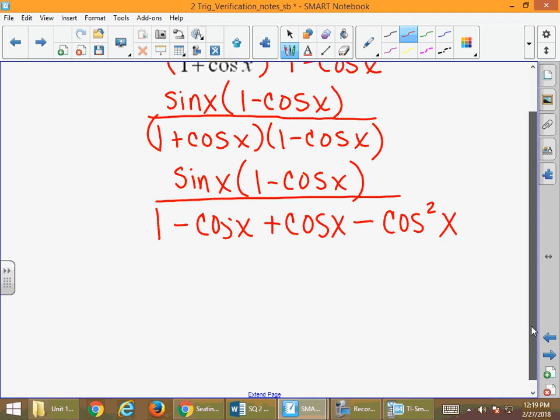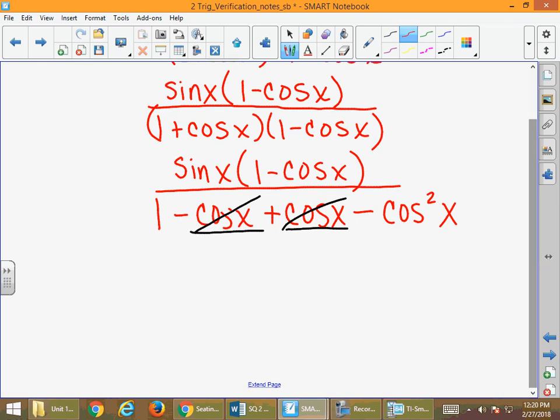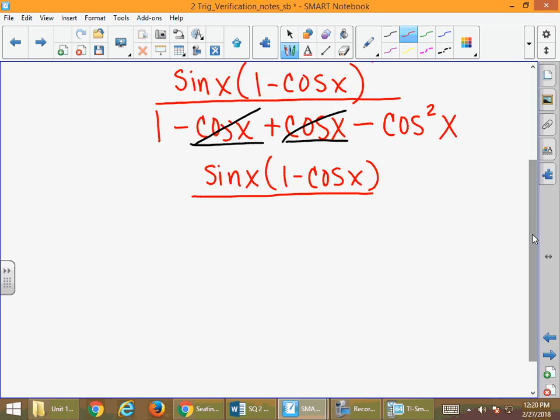Because what happens here is that we've got a minus cosine x and a positive cosine x. They're like terms, and they're also opposites of each other. We simplify that, then we still have in our numerator sine of x times 1 minus cosine of x. Down here in our denominator, we have 1 minus cosine squared of x.